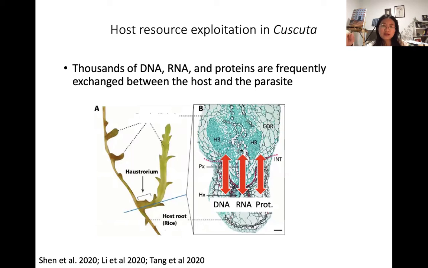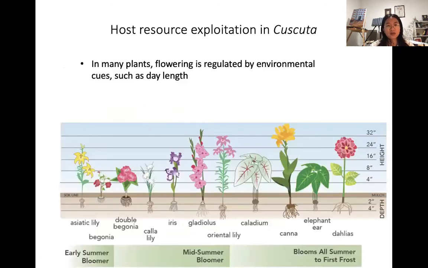First of all, there are two points here. This is a two-way traffic; it's not unidirectional. And the second point is that there are both these genetic materials as well as small to big chemical molecules. Many of them are secondary metabolites that are frequently exchanged or trafficked between host and parasite. As a result, it really leads to a lot of fascinating phenomena.